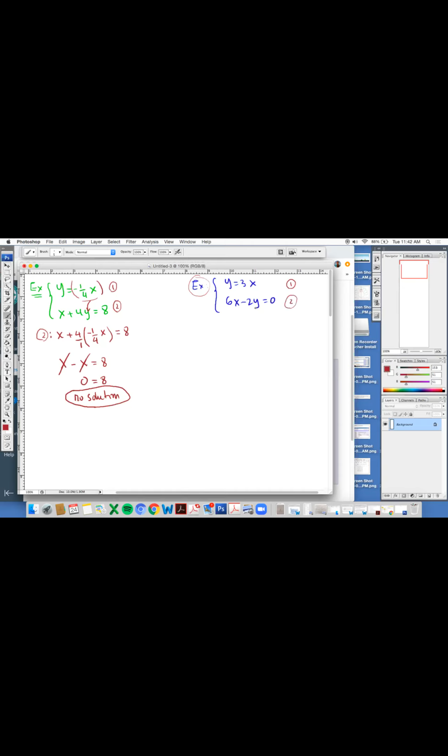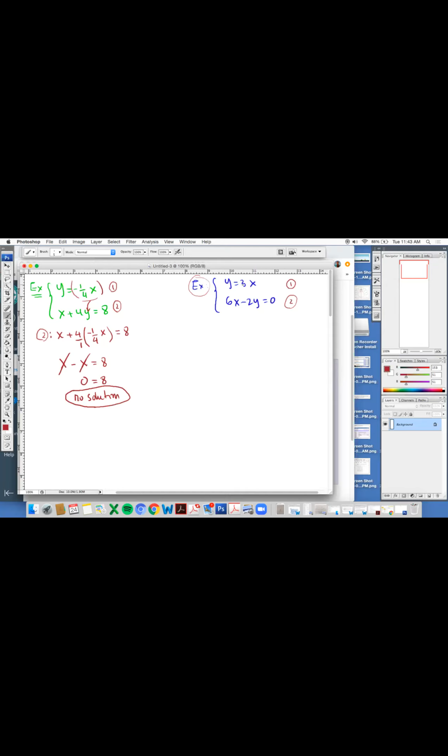So let's look at this one. First equation is solved for y. So yeah, Ryan, we're going to get 0 equals 0, but that doesn't mean no solution. It means something else. If they're equal to each other, it's a different answer, but it's very similar. It's like when you get 0 equals 8, there's no solution because this doesn't make sense.